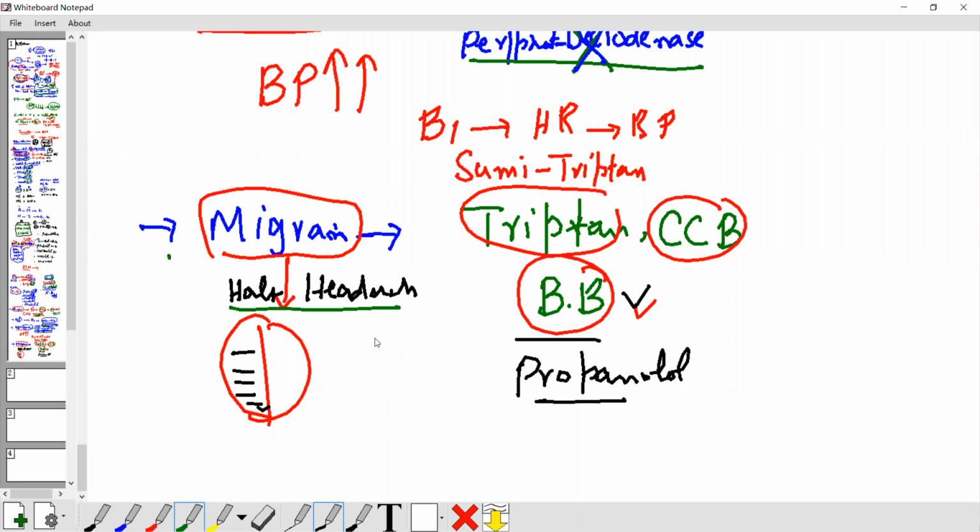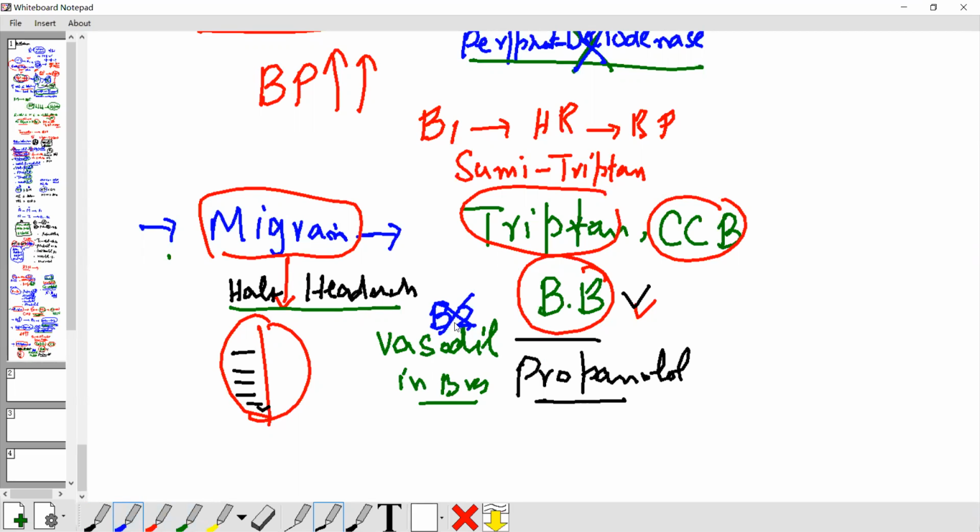What happens in migraine? One theory is that migraine is due to vasodilation inside the brain. Propranolol blocks which receptor? Beta 2 also, and beta 1 also.